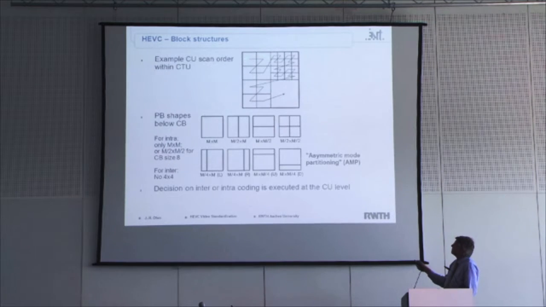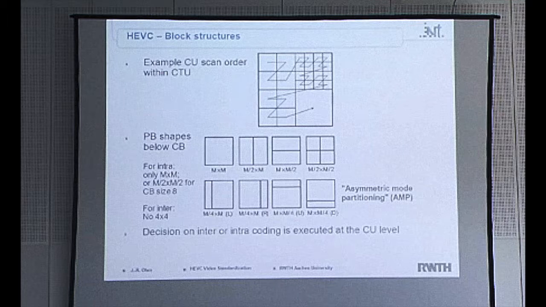Here's the way of how the information is scanned in the CUs that belong to the coding tree unit. And what you see here are the types of prediction blocks, let's take it for the luma, that are attached to the coding block.